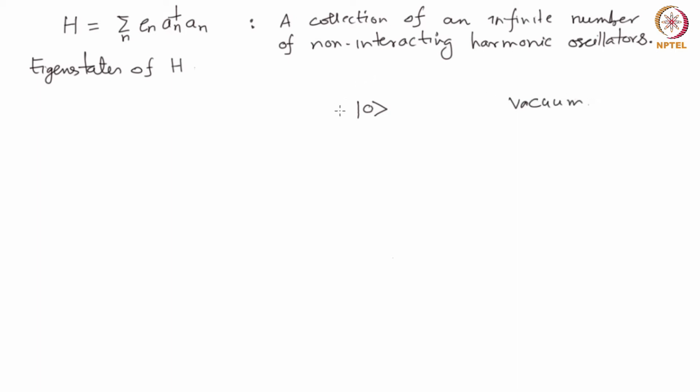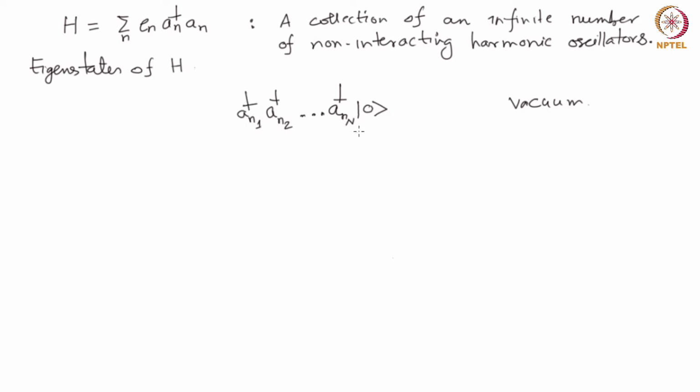So a most general state, which will be an eigenstate of the Hamiltonian, would be of this form. I take a n with the subscript capital N and dagger, and I act with several of them, a n2 dagger, a n1 dagger.